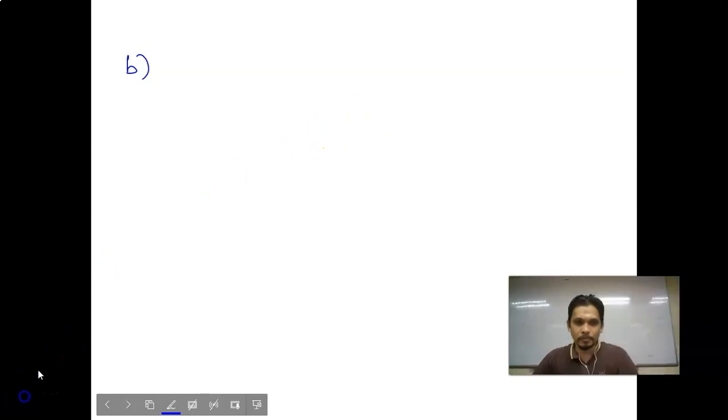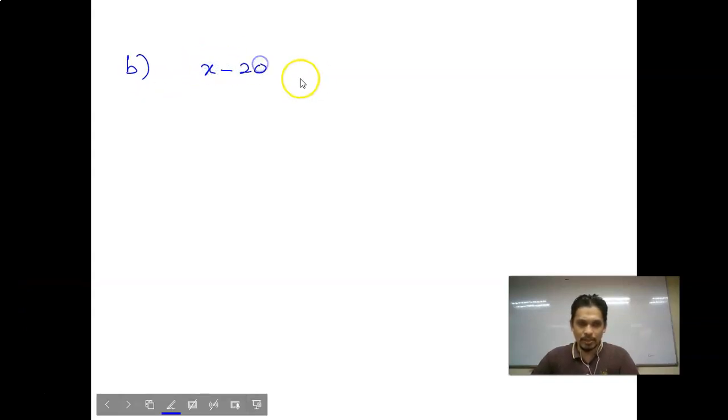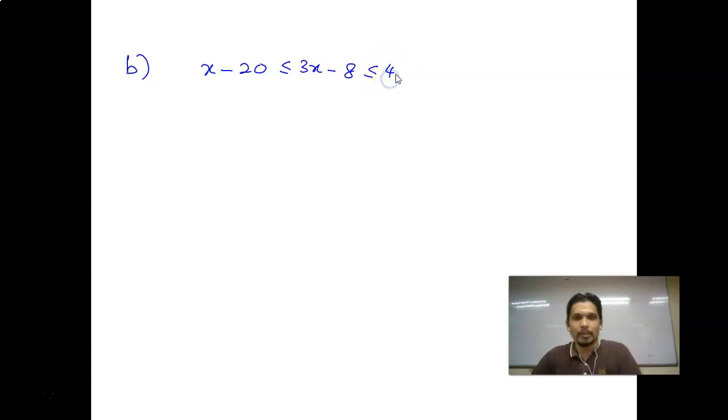For B, question number 2 here. We have x minus 20 less than or equal to 3x minus 8 and less than or equal to 4.